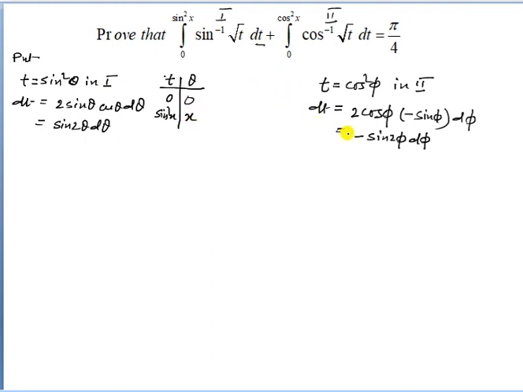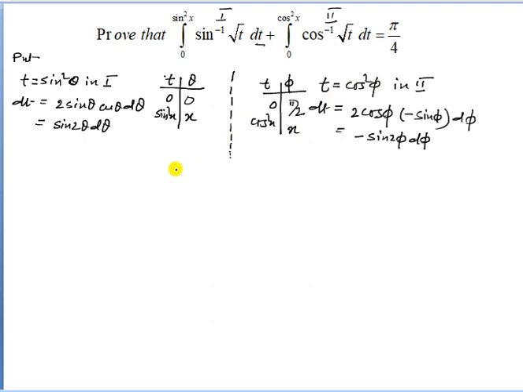And for the second change, with t and phi, if t equals 0, then phi is equal to 90 degrees, and if t equals cos square x, it is cos square phi, so phi is equal to x. So this is the change in limiting values.